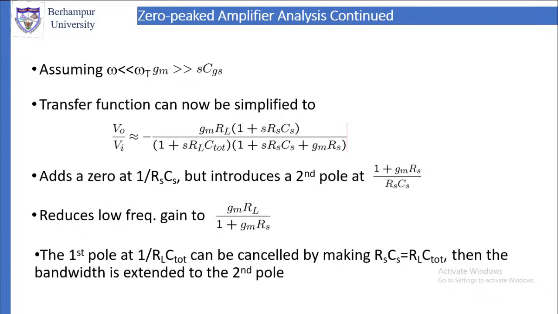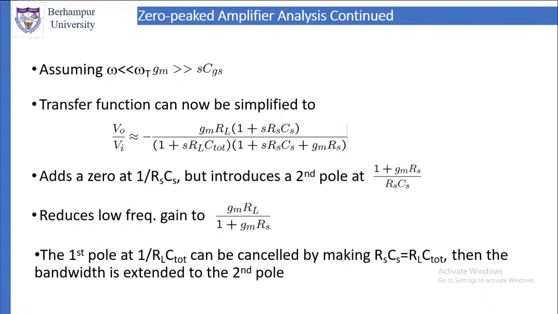Now if you look at this, we can add a zero at 1 by RSCS. When frequency f is equal to 1 by RSCS, there we will get the zero. But once we do that, we introduce a second pole at 1 plus GMRS by RSCS.